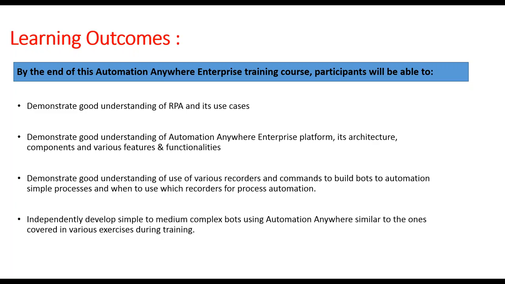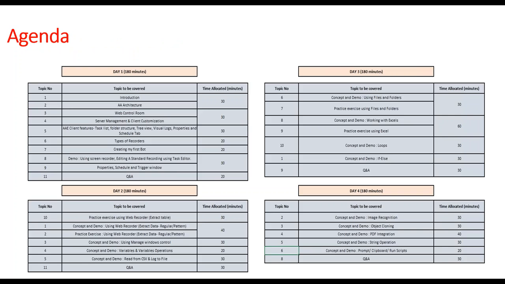Since you'll be comfortable creating scripts, you will also know how to use various recorders and commands, and the hierarchy we follow in judging which tool would be better for which sort of applications. So these are a few outcomes that we intend to get at the end of the training program.